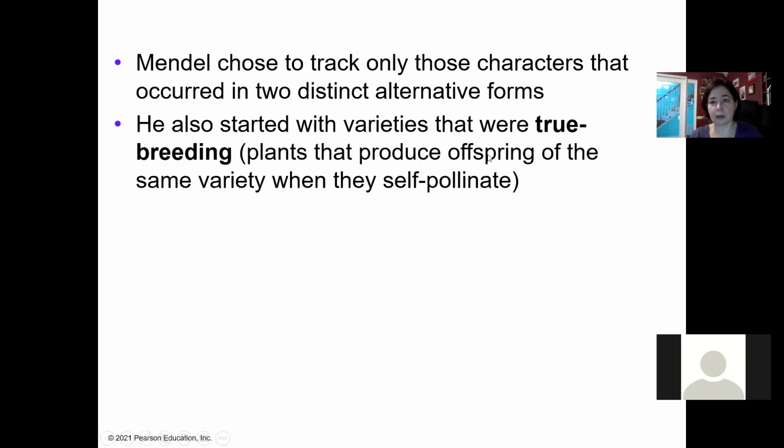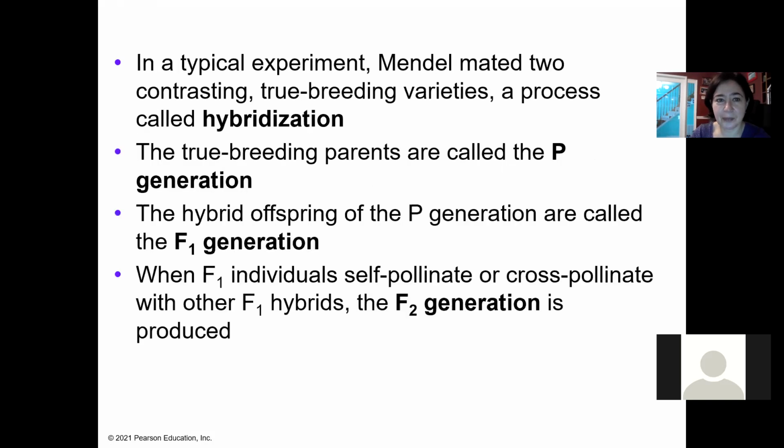And to track it, as I said, he was doing pure or true breeding. So generation after generation, no mix. Okay. Then he took two true breeding varieties and crossed them, and that he called hybridization.